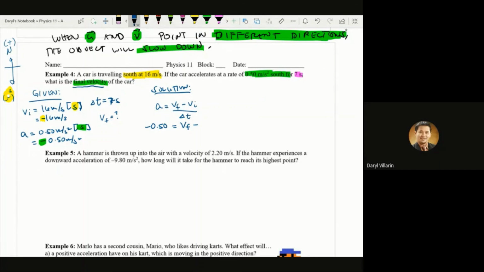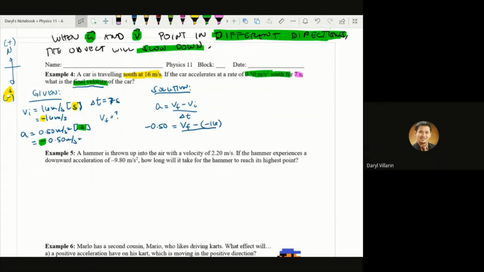This is where the consistency of your signs is very important, because remember, vf minus positive 16 is different from vf minus the negative of 16.